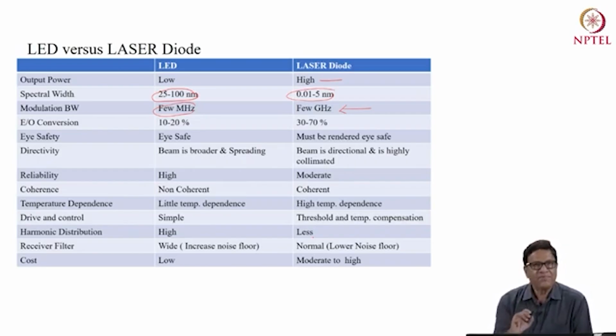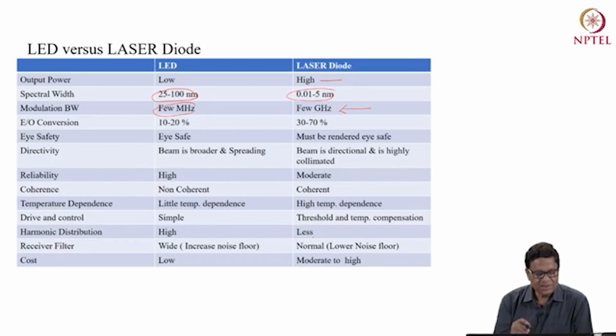So this concludes our discussion about the sources. We have discussed both LED and laser diode, and we understood the spectral width of LED and laser diode. We also understood the incoherency and coherency of these devices, and the typical modulation bandwidth of LED and laser diode.